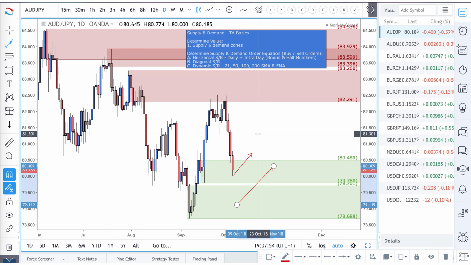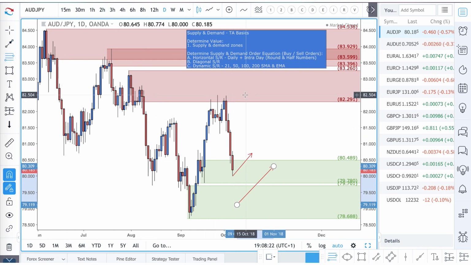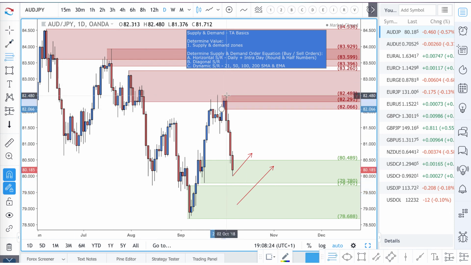If there's some turmoil in the markets, for example, we have the tariff, Trump trade wars going on, and obviously some euro risks, and the market perceives that as a risk-off environment, then the Japanese yen is going to strengthen. So this won't necessarily be the best trade to take, right? But we do have another bit of supply right here, which has been created.